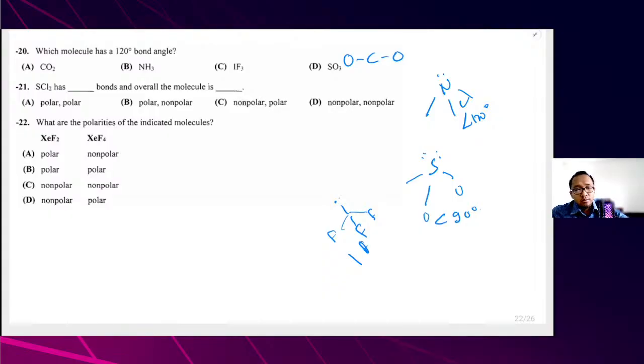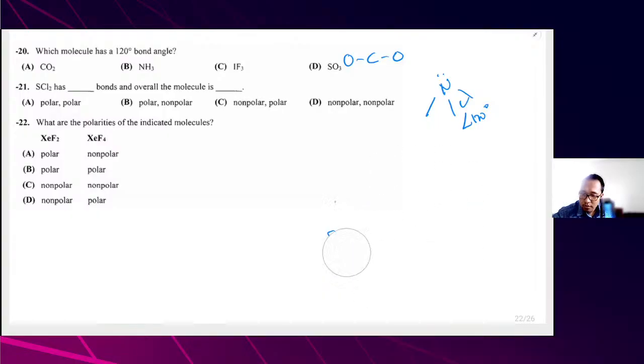Just need to take a look at more detail. Maybe, let's see.